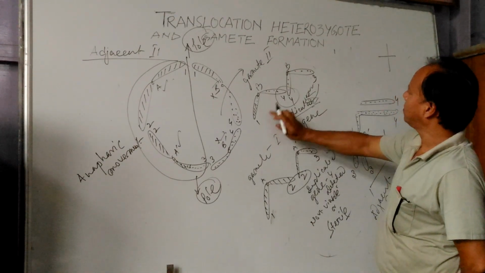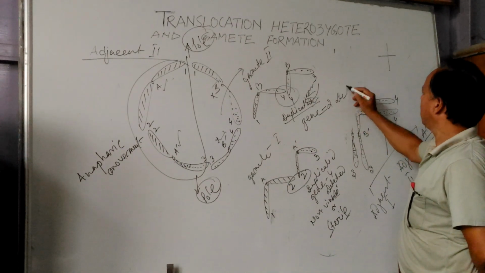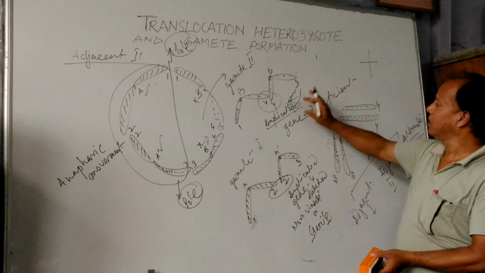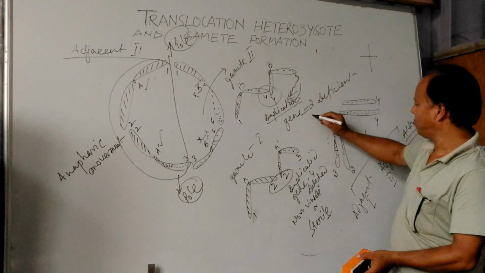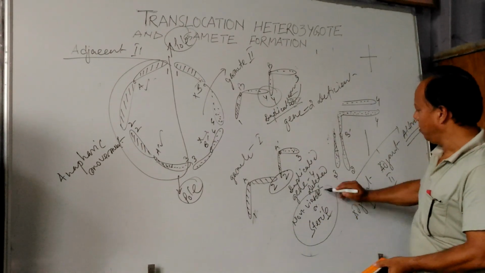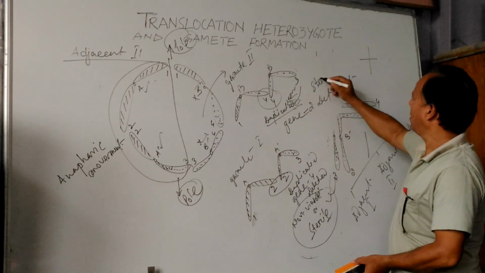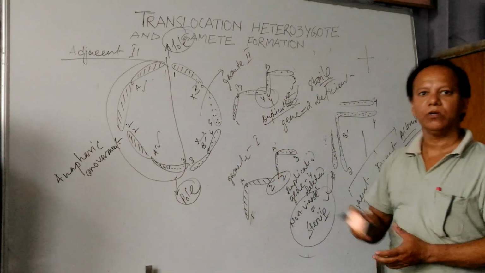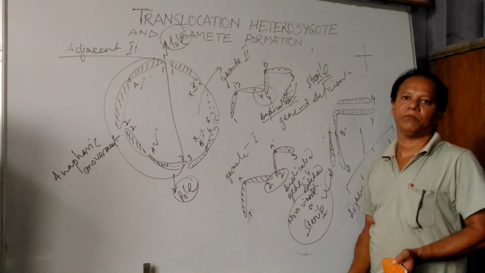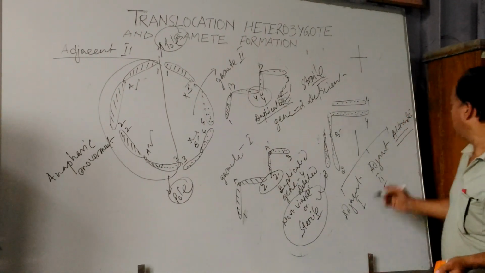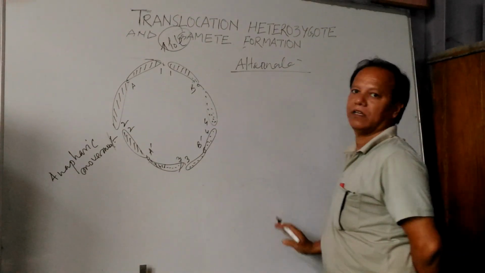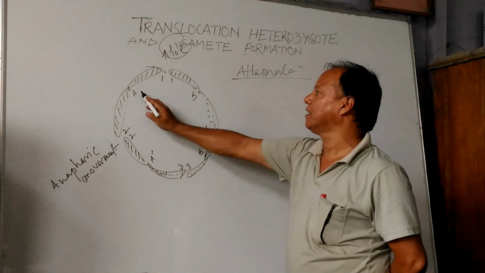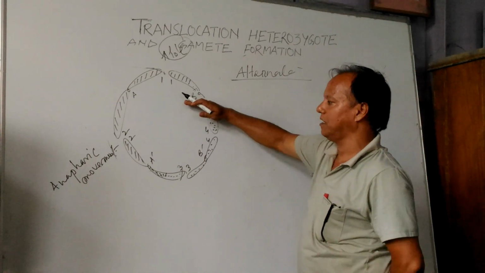So again, due to deletion and duplication, the chromosomes are non-viable. Hence, the formed gamete is also non-viable or sterile. So, in both cases of adjacent segregation, non-viable or sterile gametes are formed.